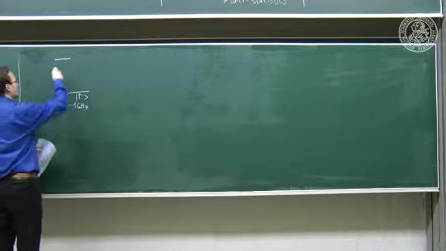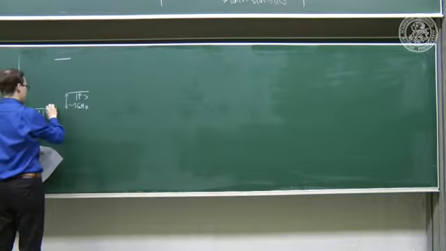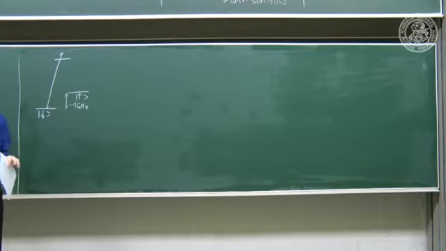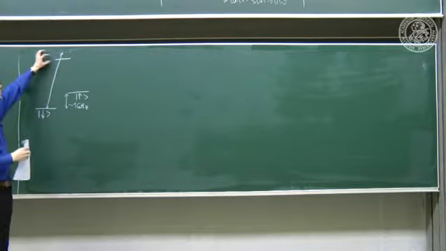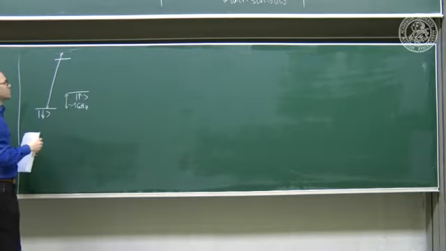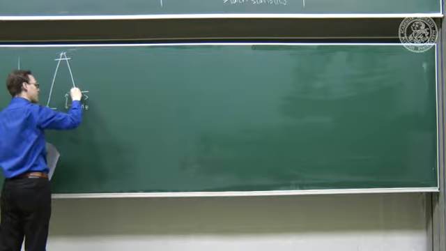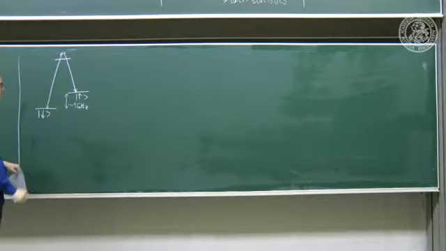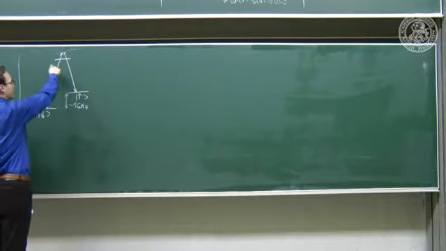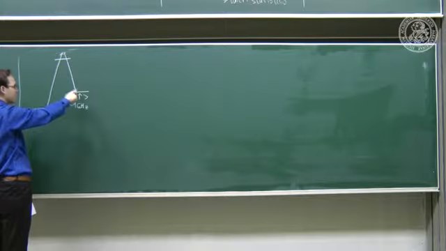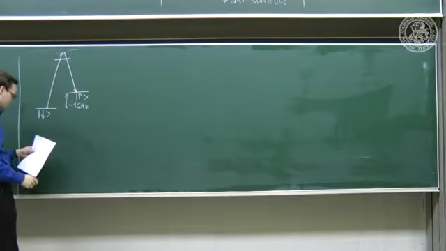You don't really want this. So what you do is the following. You illuminate with one laser that will take you to this dashed line. There is no level there. There's a finite detuning to the nearest level, so you don't populate that level. And then you have a second laser that takes you down again, and the difference between the laser frequencies is just 1 gigahertz. So that is nice, because now, without ever populating the intermediate state, you can have a coherent transition going between down and up.